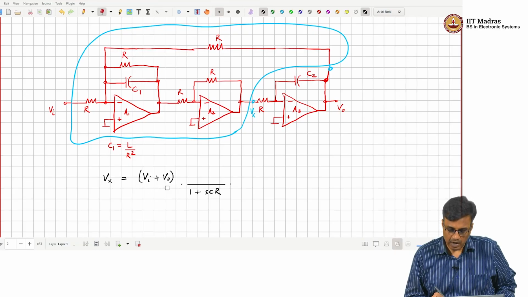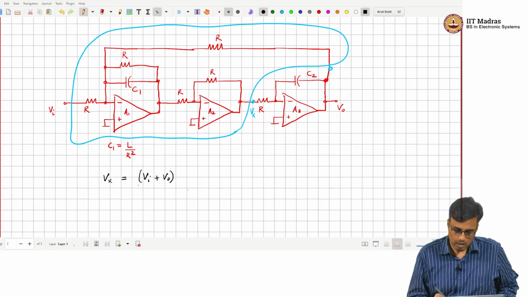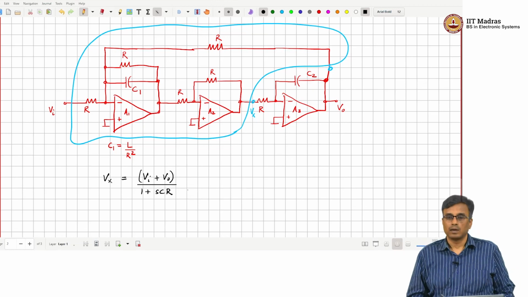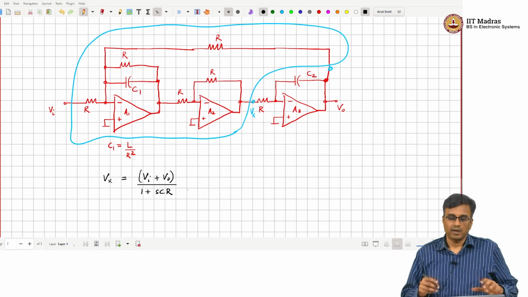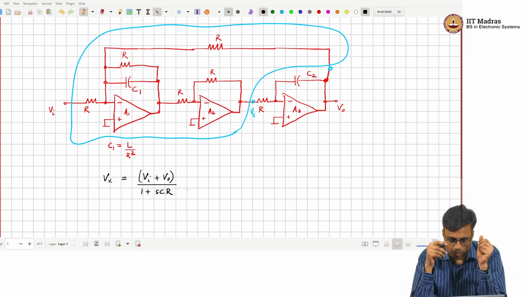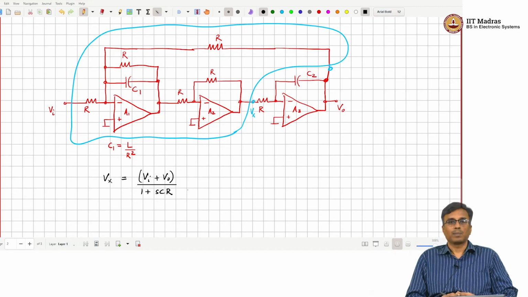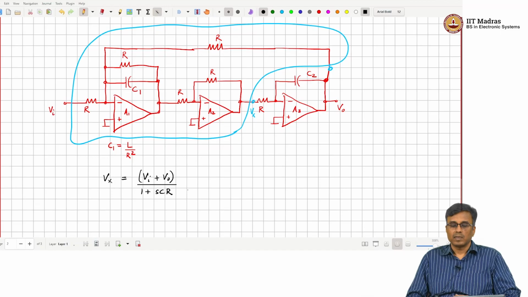So, what we have is Vi plus V naught divided by 1 plus SCR. Okay, so now if I replace this blue box by some other contraption which gives me Vi plus Vo by 1 plus SCR, then I can eliminate 2 op amps, correct. So, what do you think, is there something that we can think of which will take Vi plus V naught and generate Vi plus V naught by 1 plus SCR?